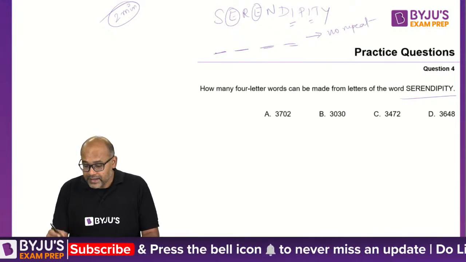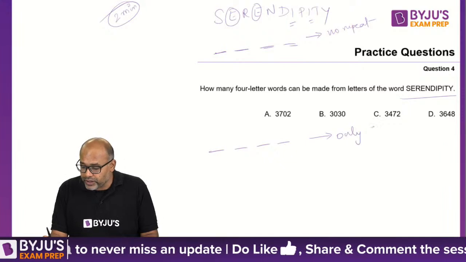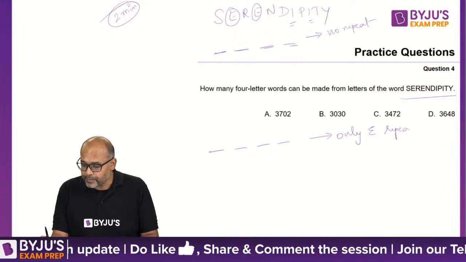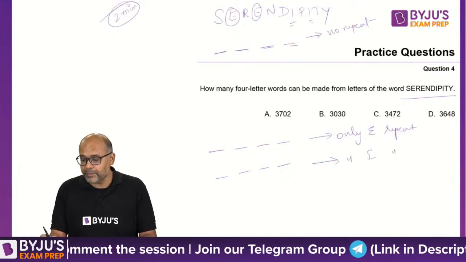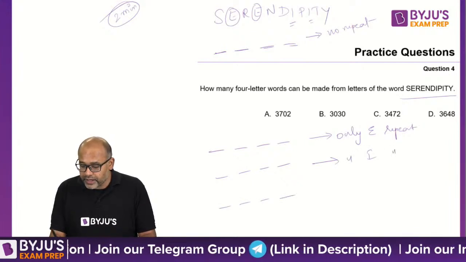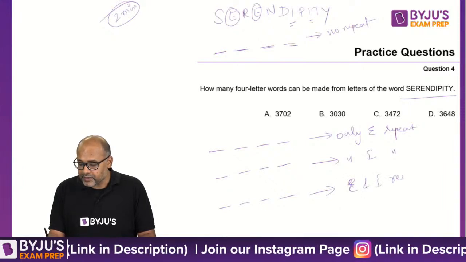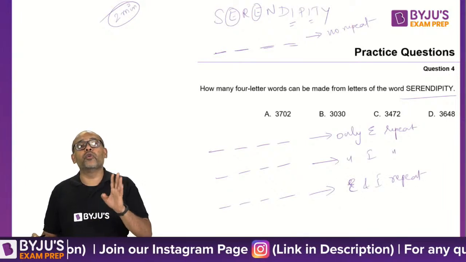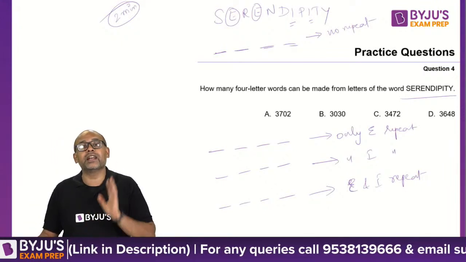Second case is only E repeated. The third case is only I repeated. And of course the fourth case will be E and I both repeat. These are the four cases that you get. You have to look at the answers for each one of the cases and get your answer.